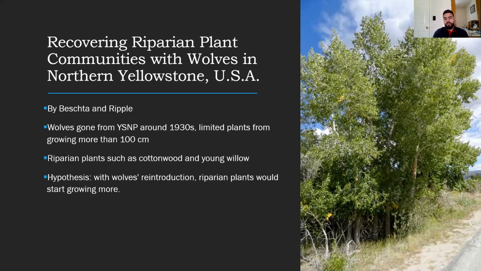When wolves were removed from Yellowstone National Park around the 1930s, these plants were not able to grow more than 100 centimeters. And this led them to hypothesize that reintroducing wolves to Yellowstone National Park should allow these populations to go back to what they used to be before.